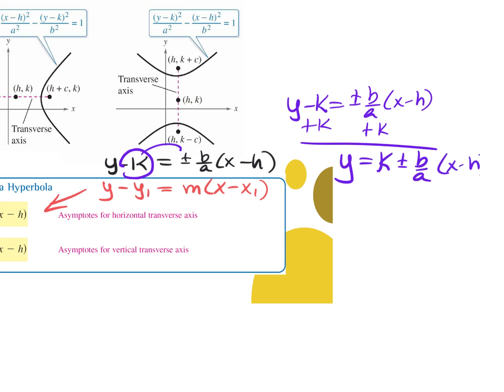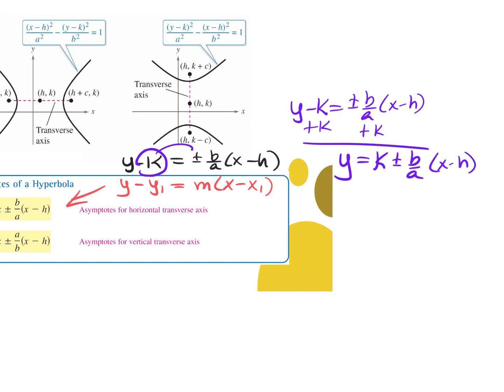Again, recognize all of these. Also recognize it if they distribute the slope and put it into y equals mx plus b form. But honestly, all you have to do when you're graphing these asymptotes, you graph the center, and then we're just going to move this slope here from that center point.